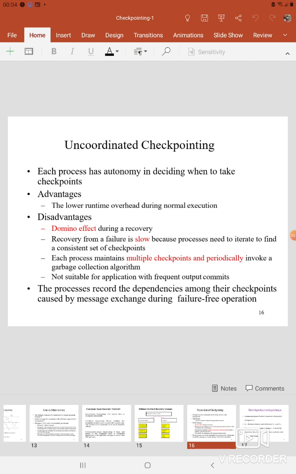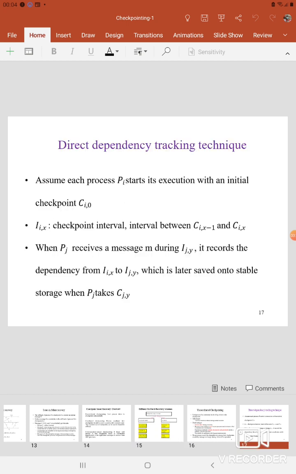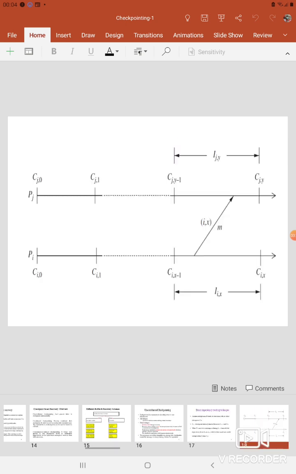All the processes record the dependencies among their checkpoints during failure-free operation, for example, the direct dependency tracking technique. So we have two processes, Pi and Pj.